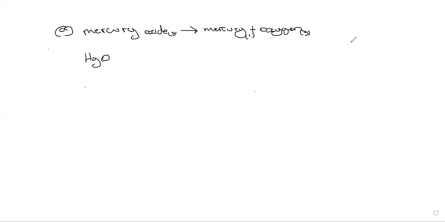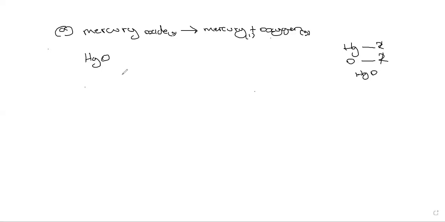So we said that we cross multiply, but if you have the same valences, you can just cancel them. Then it will be mercury oxide.